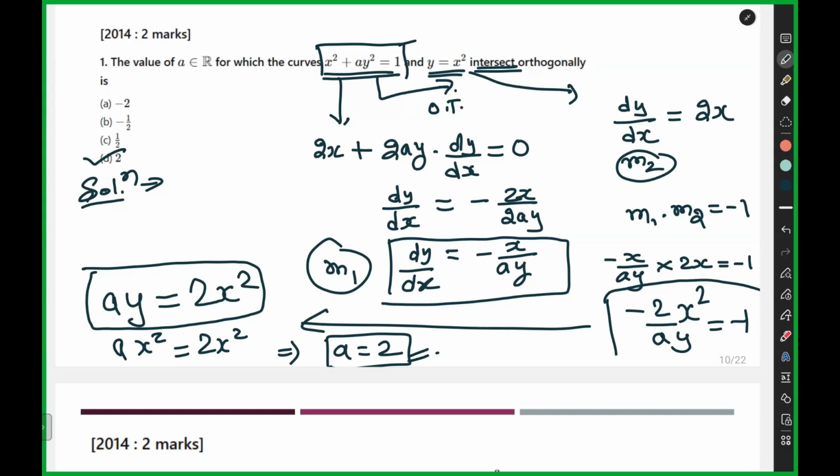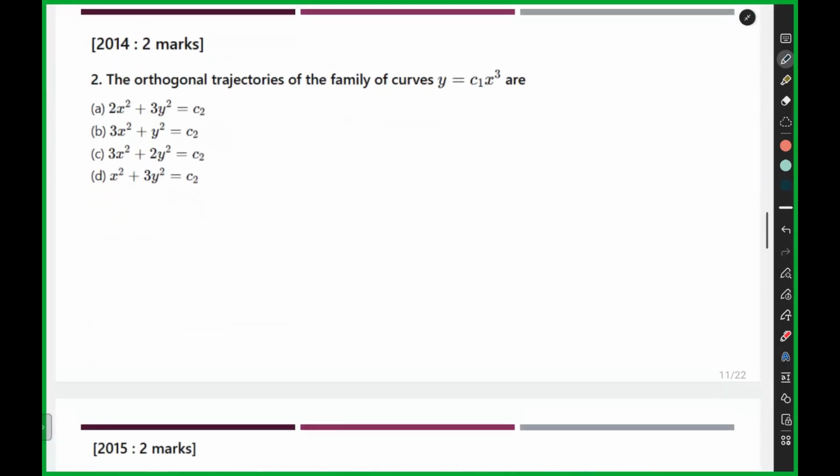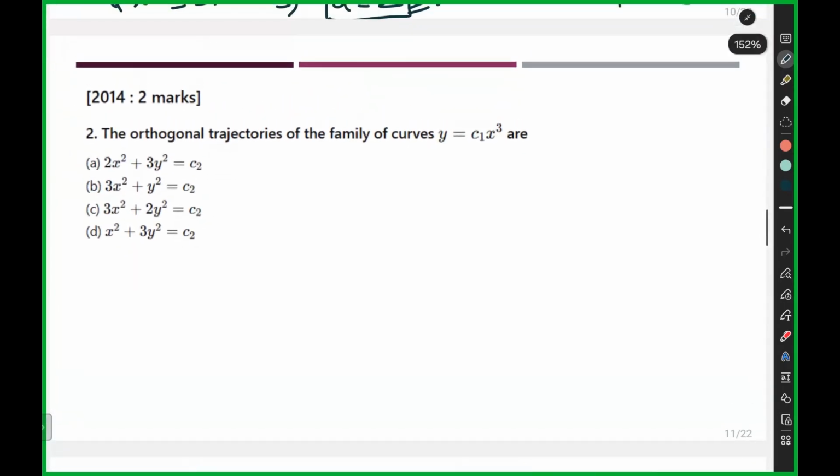Okay, fine. So now we move to the second question. Simply here we have to find the orthogonal trajectory of the family of the curves y equals to c1 x to the power cube. You can try and tell me what will be the correct answer to this question.